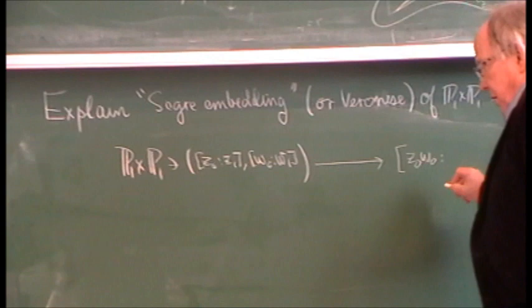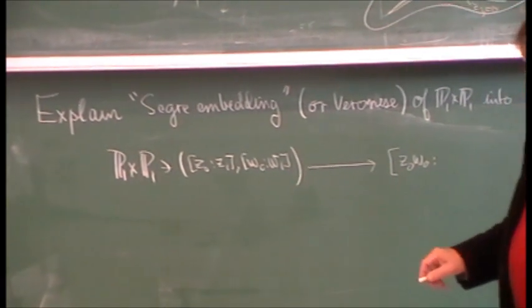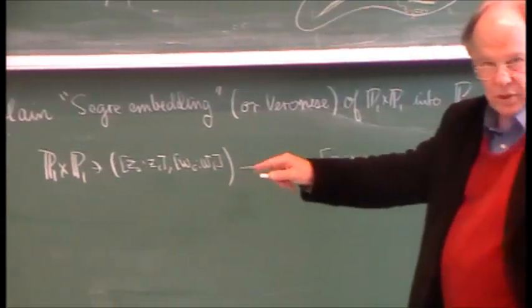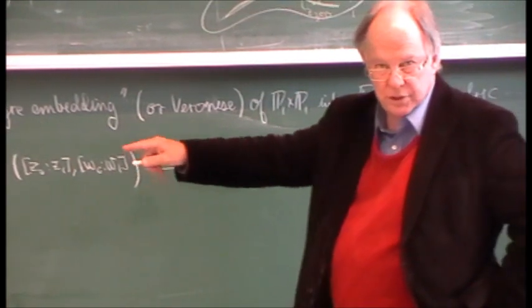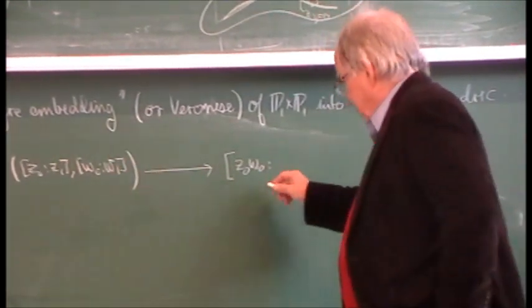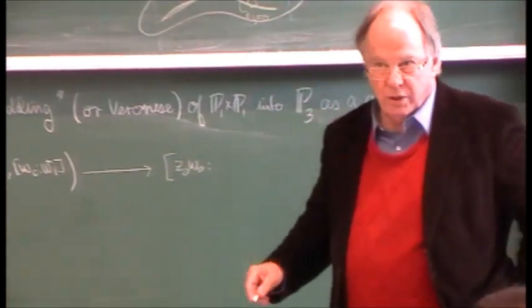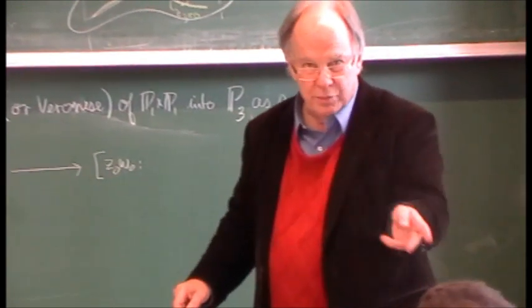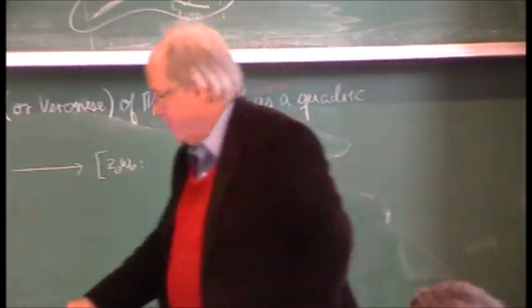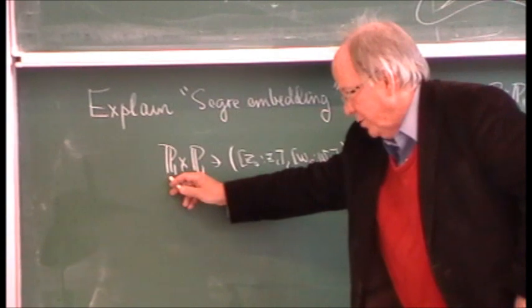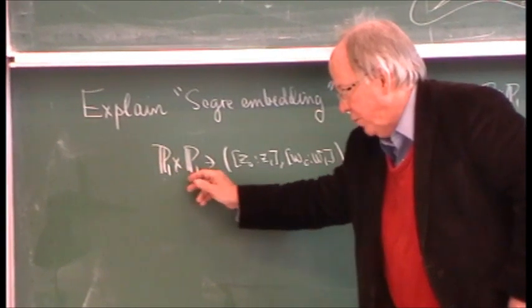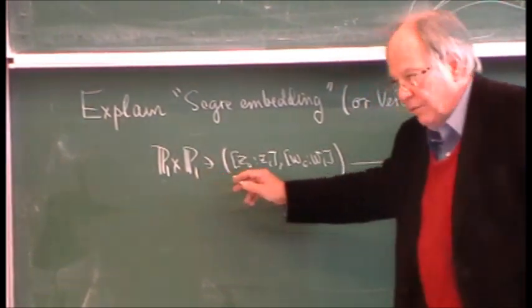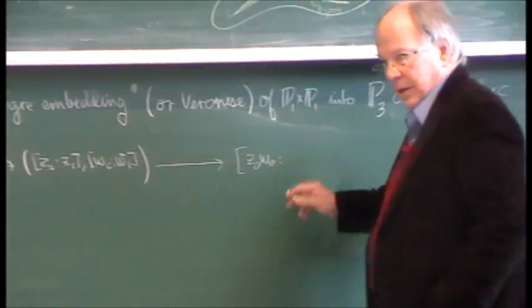This appears in representation theory all the time. So you have the SL2C cross SL2C representation on the product of P1s, and then you get it on this quadric. I'm going to talk to Lie group specialists. The group here is SL2C, and the group here is SL2C. I'm going to get it acting on a quadric here.